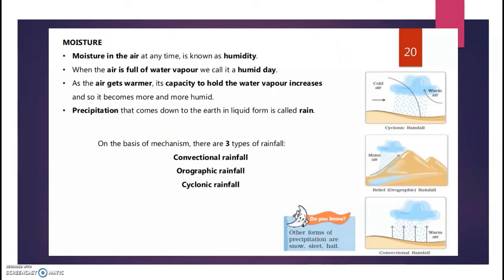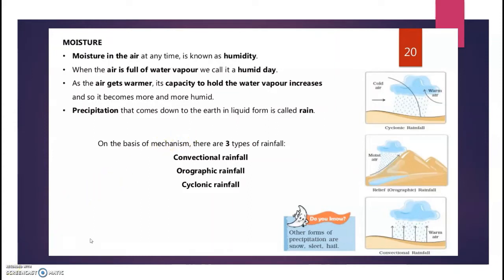This is because on a humid day, the air is full of water vapor. As the air gets warmer, its capacity to hold the water vapor increases and so it becomes more and more humid. That's why on a humid day, clothes take longer to dry and sweat from our body does not evaporate easily, making us feel very uncomfortable.